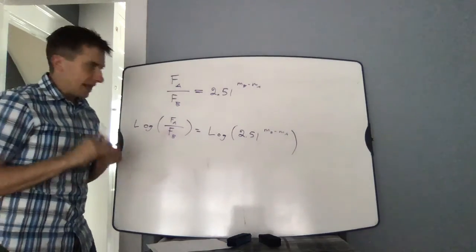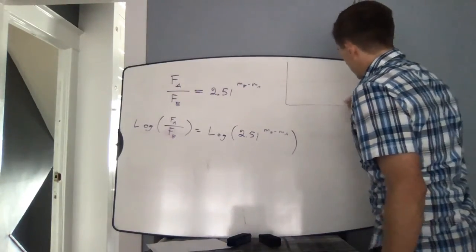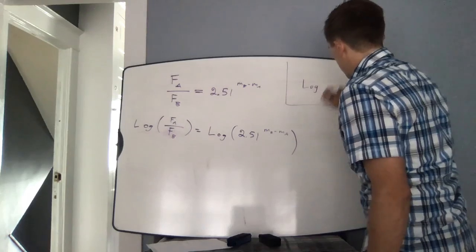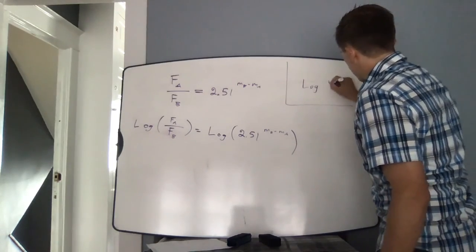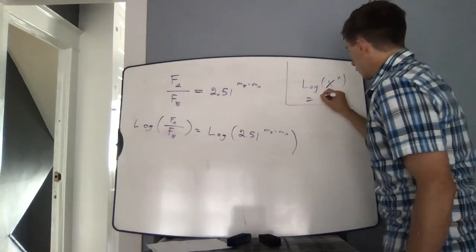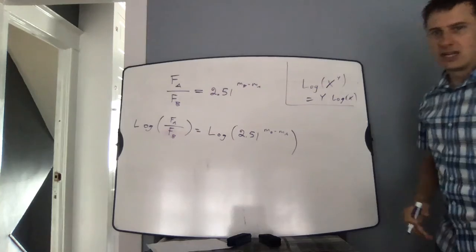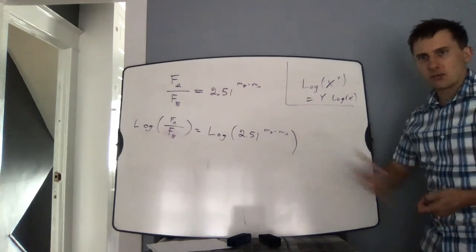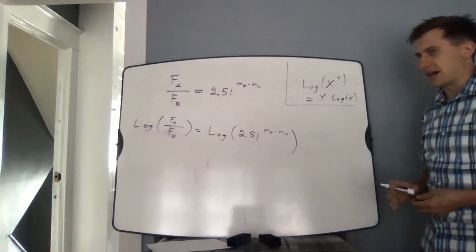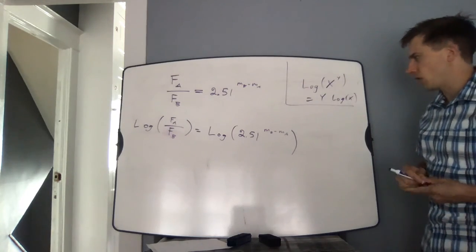Now, there is a property of logarithms that in general, if I write log of x to the y, this is equal to y times log of x. This is just a property of logarithms. You could look it up on Google or Wikipedia and see other properties of logarithms as well.